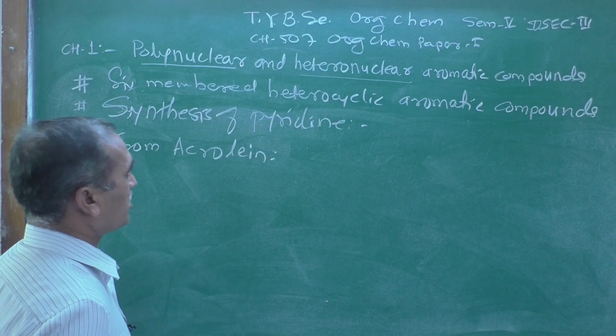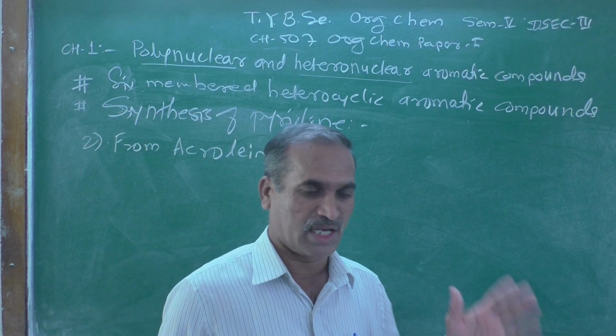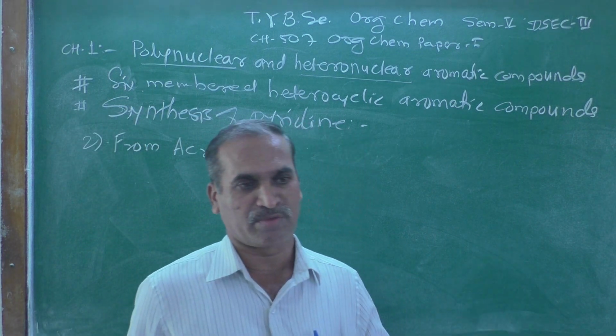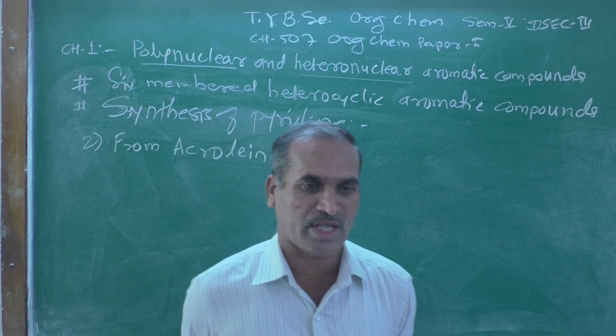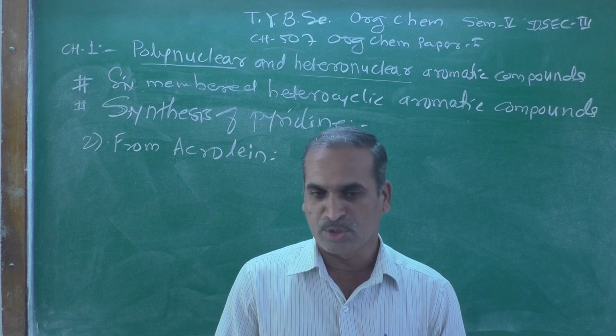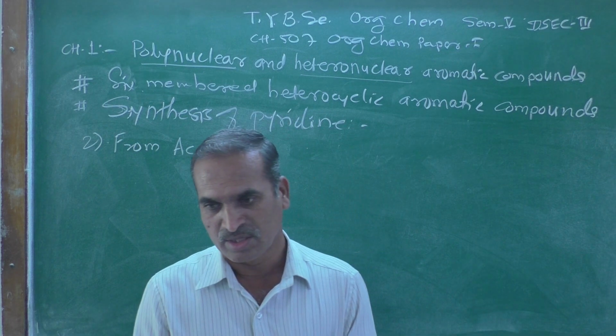Acrolein is one of the starting materials which can be easily prepared by a very famous named reaction, the aldol reaction. Why is the aldol reaction so important? Because there is formation of new carbon-carbon bonds.